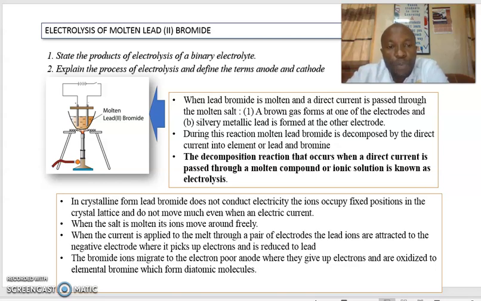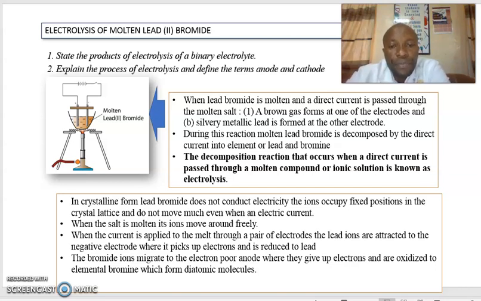So in this process, lead bromide is being decomposed by the electric current into lead metal and bromine. This process is basically electrolysis. Electrolysis is a decomposition reaction that occurs when a direct current is passed through a molten compound or ionic solution, and in the process that compound is decomposed by the electric current.